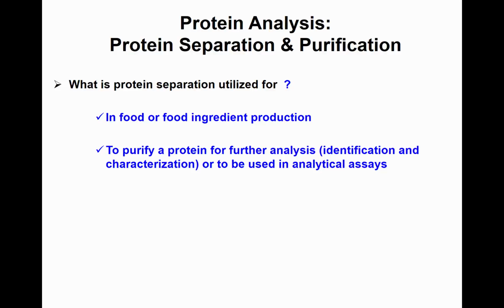So sometimes you isolate to produce substrate, or you isolate to get purified enzyme, because an enzyme is a protein as well, so you can use them in analytical assays. And you isolate to understand more about the structure of the protein, its chemistry, its functionality, its bioactivity, from a basic research perspective.